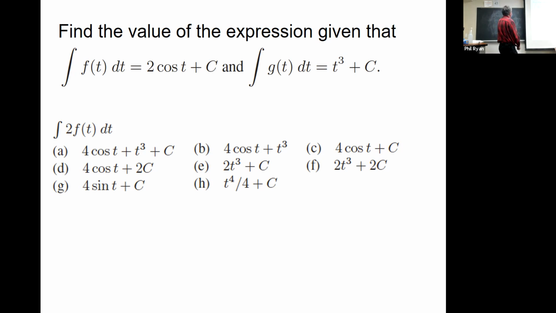Okay, so if we know that the antiderivative of f of t is 2 cosine t plus c, what's the antiderivative of 2 times f of t? What do you think?